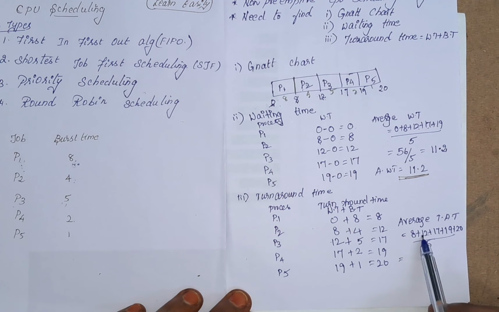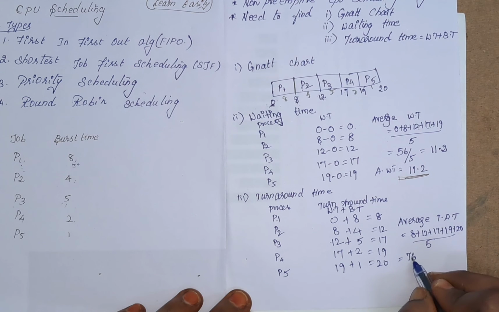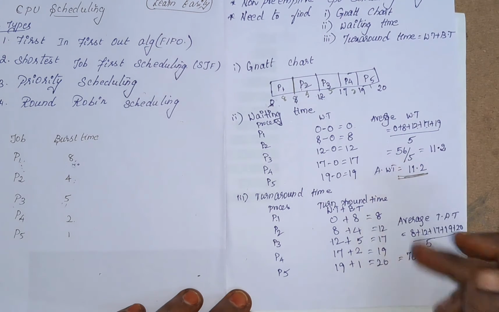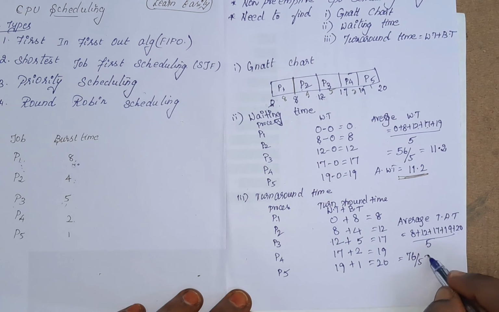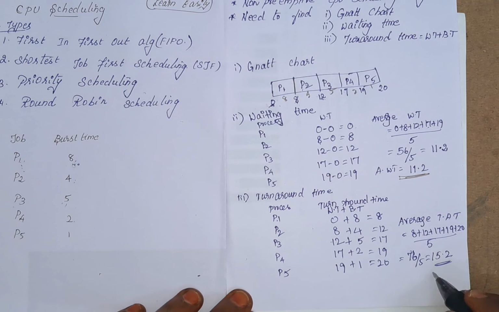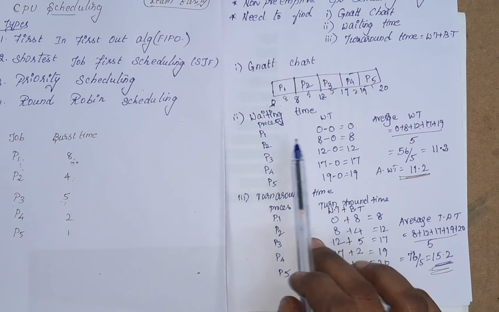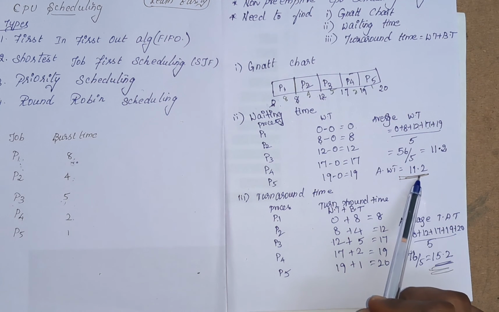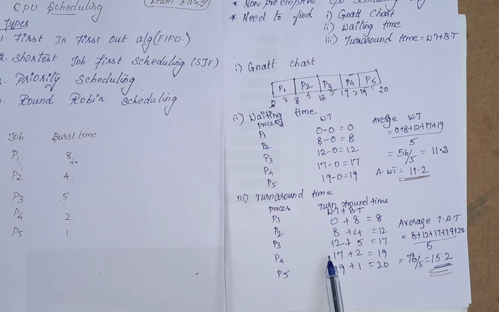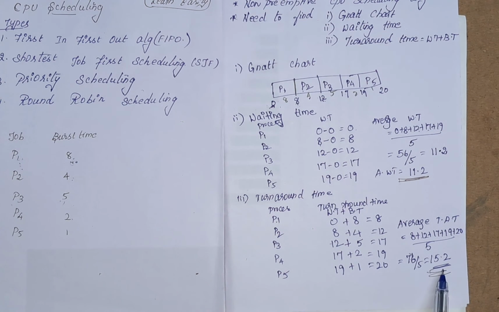That is 15.2. So for the given processes, the average waiting time is 11.2 seconds and the average turnaround time is 15.2.